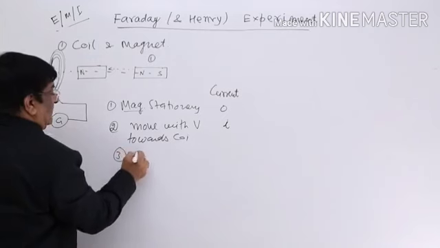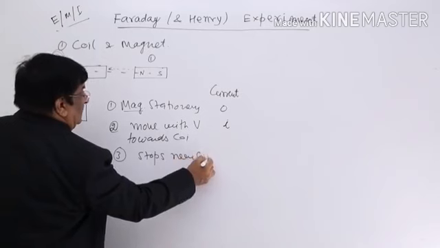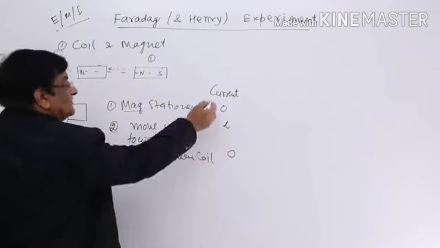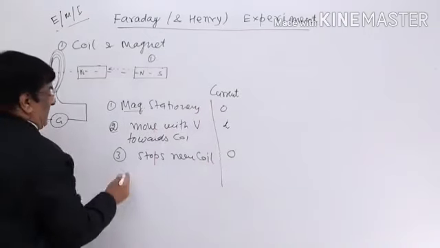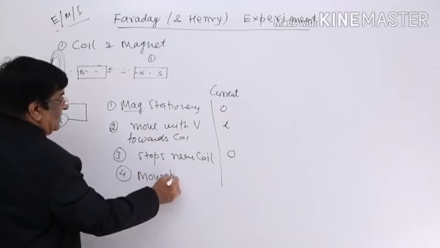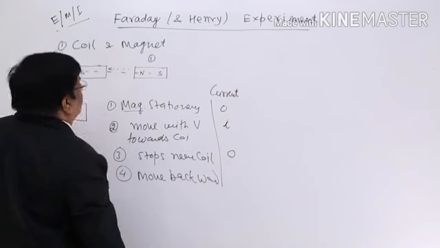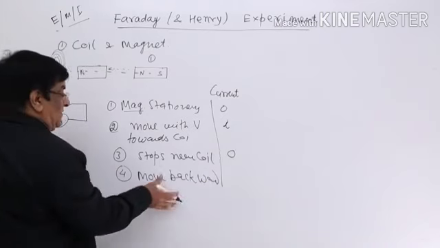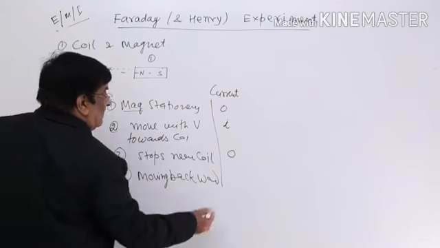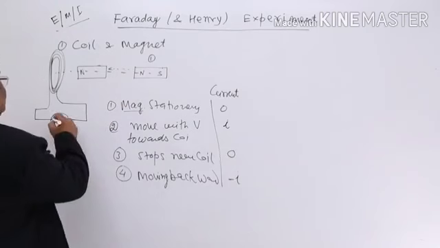Stage 3, magnet stops near the coil. Current is again 0. We move it backward. When we are moving it backward, it shows current, but in the opposite direction.